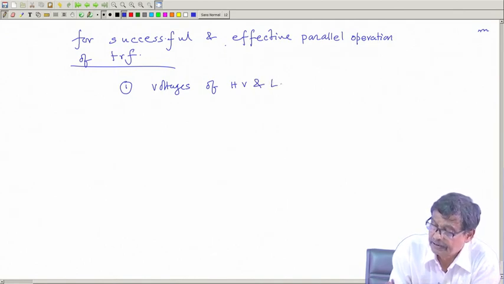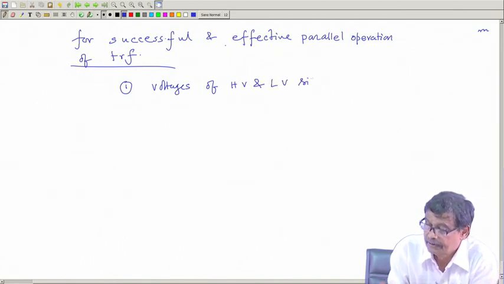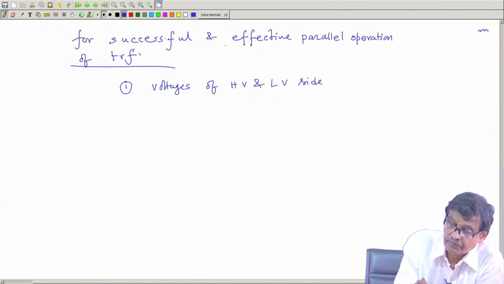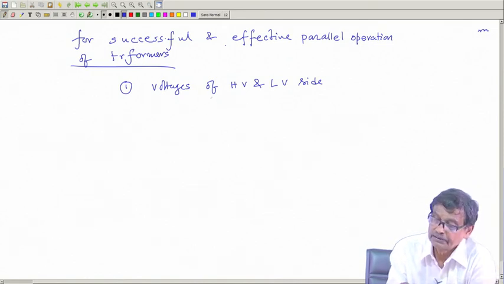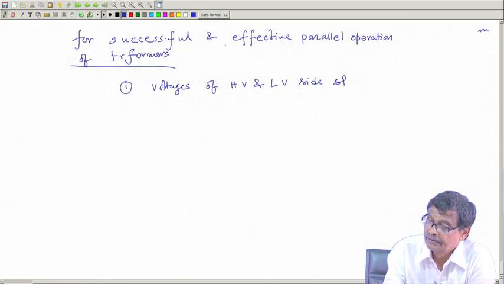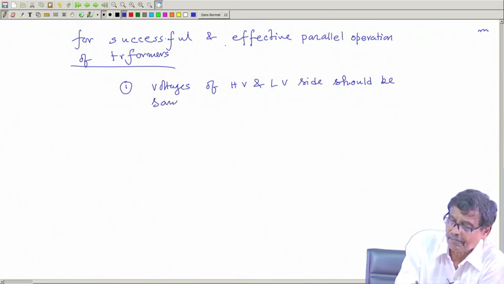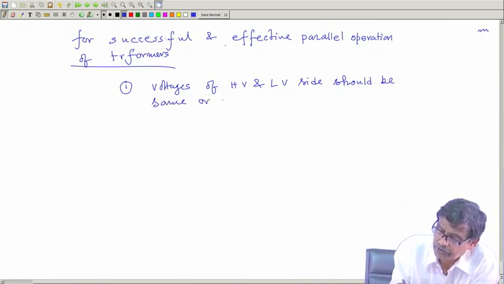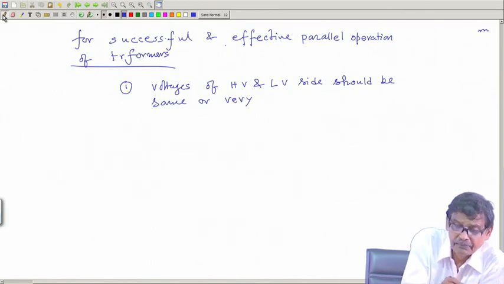HV and LV side of transformers, various transformers, voltages of HV LV side should be same or very close to each other, same, okay, that is all.